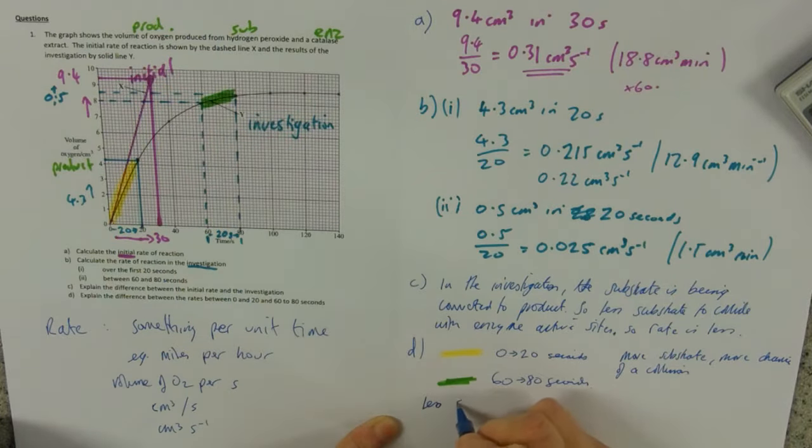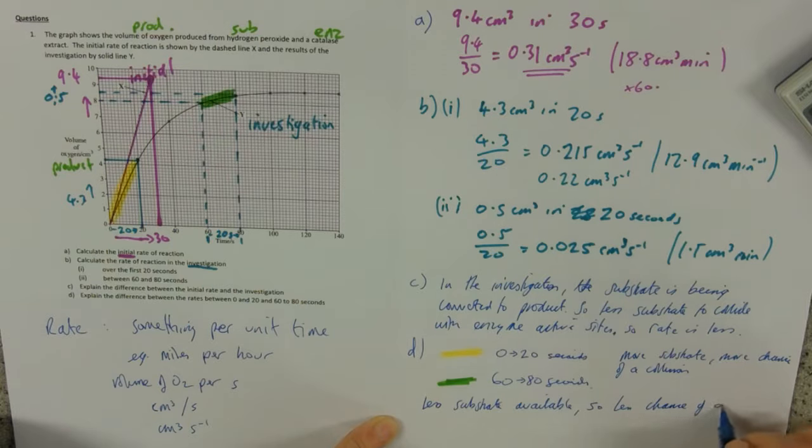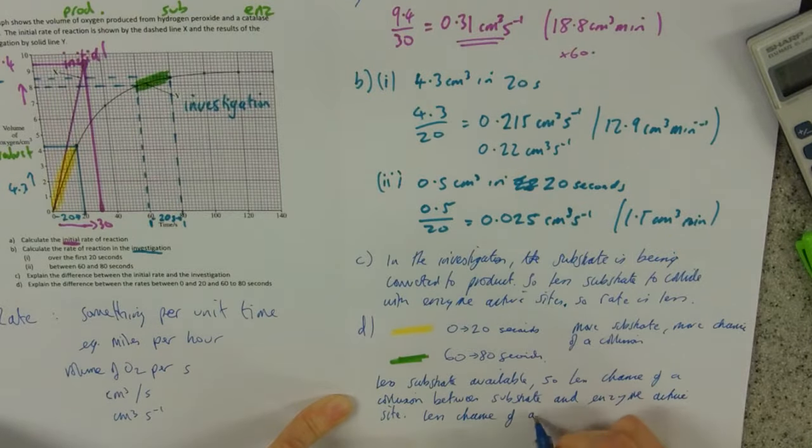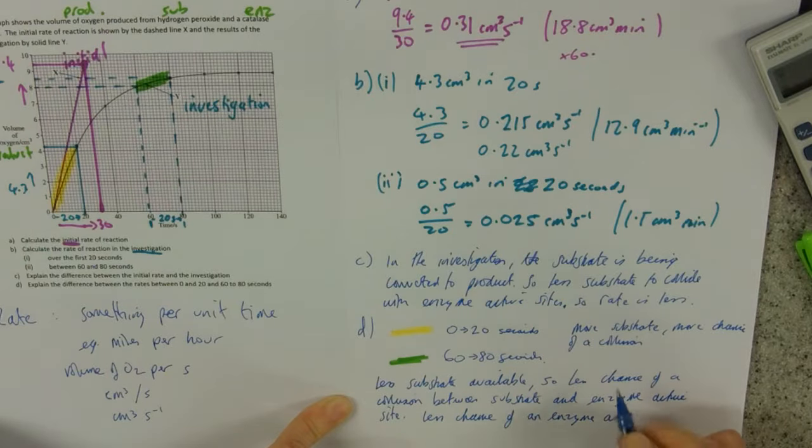So less substrate available, so less chance of a collision between substrate and enzyme active site, or less chance of an enzyme substrate complex forming.